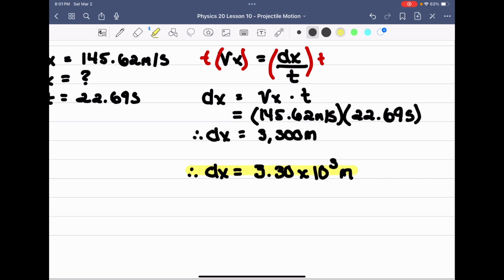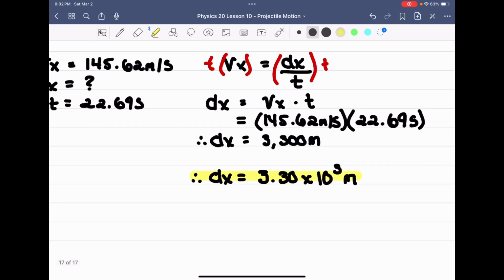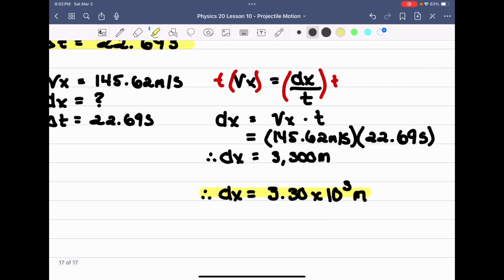There we go. And so when they say how far or what is the range of this thing, it is 3,300 meters. And the fact that it spent 22 seconds in the air is a reflection on the idea that we shot it vertically into the air at some degree. And so if it's not being shot horizontally, it's being shot at this really, really fast rate. Like we're talking in the hundreds of meters per second.